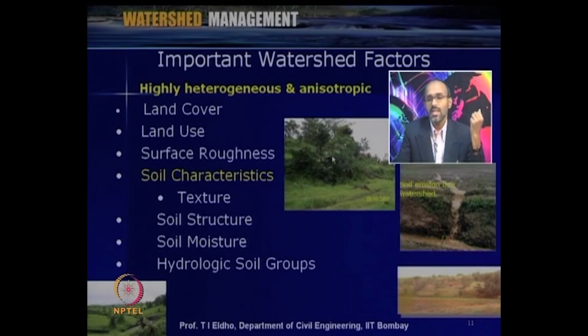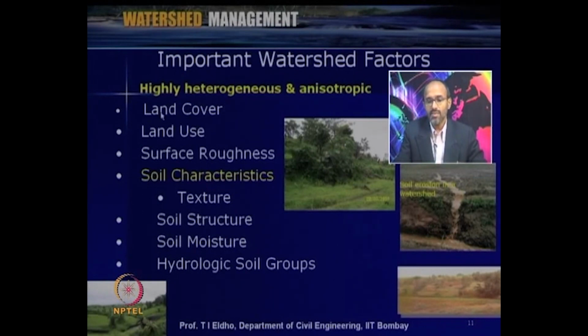Here you can see the relief is changing, the slope is changing, and the land use is changing. All the parameters change from one location to another and also direction-wise. That is why, when we go for watershed modeling, we have to consider the watershed as highly heterogeneous and anisotropic. Any parameter will vary from one location to another.